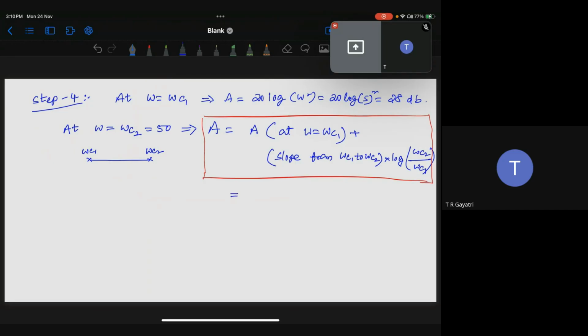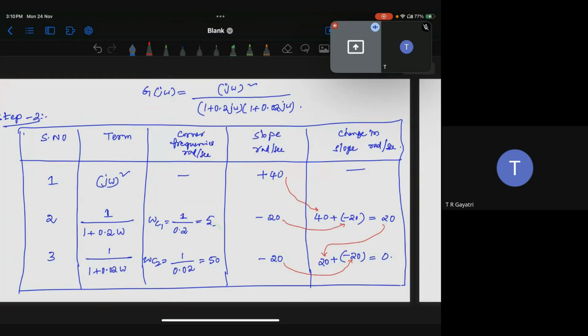So here we got omega C1. This one is 28, the first term, plus the slope is 20, multiplied by log 50 by 5. By the way, how is this 20? This one is omega C1 to omega C2 from the table.